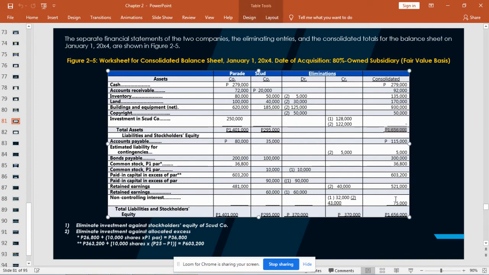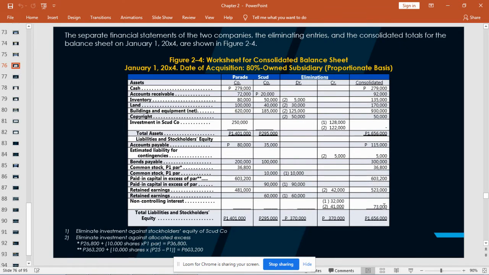But, dun sa ating non-controlling interest, we will have an amount of 75,000 as compared dun sa una natin kanina na 73,000. Then, we will have also a difference dun sa ating retained earnings amount, which is 523,000 dun sa nauna.